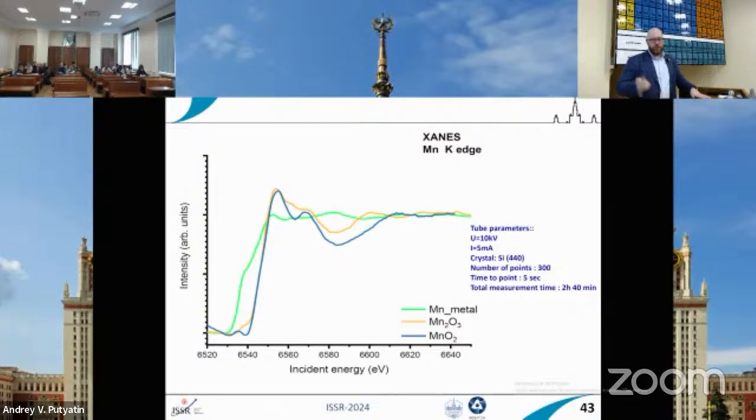These are just a few examples of the spectra that we can get with this lab spectrometer. It is an example of analyzing manganese standard samples: metal, trioxide, and manganese dioxide.